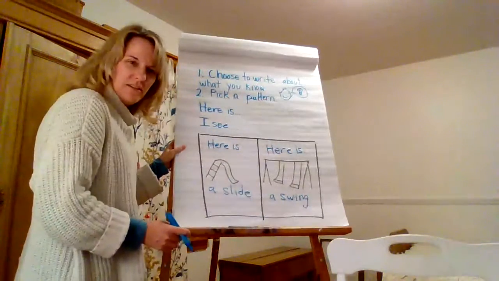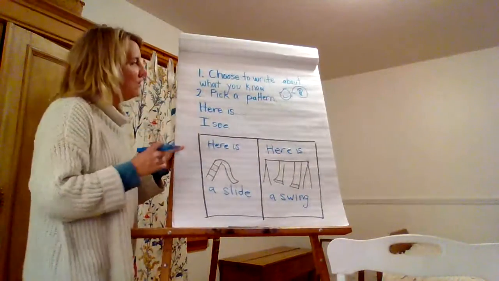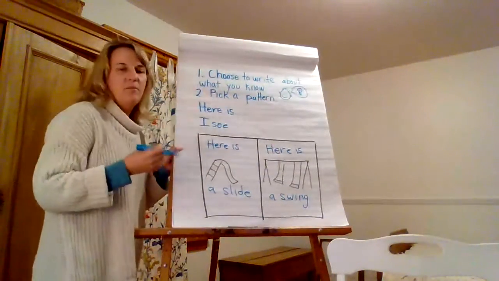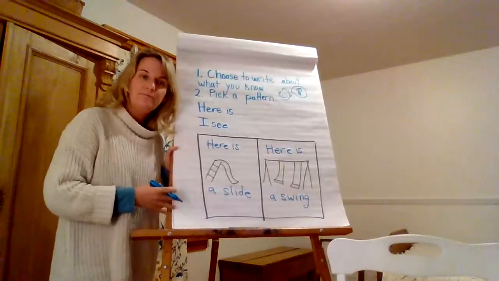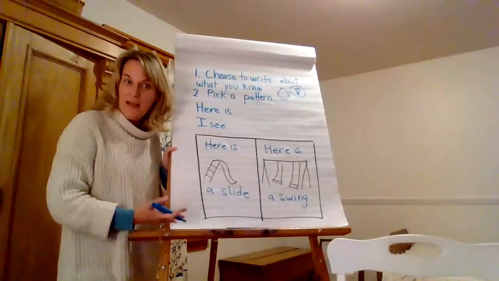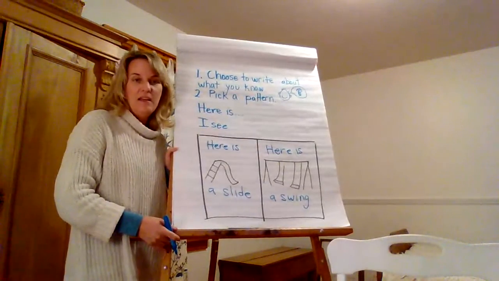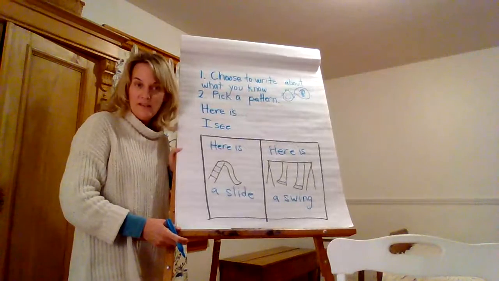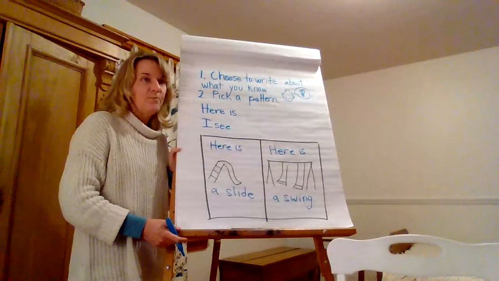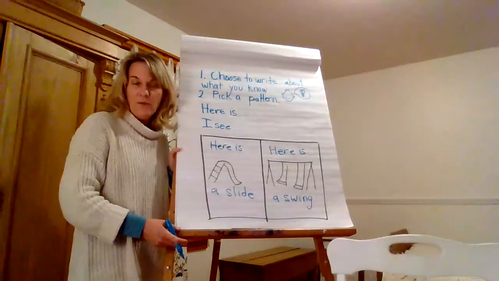All right, boys and girls. So the first thing you're going to do is think about something that you know about that you might like to write about. So it could be a pet. It could be something your family likes to do, a place you like to go, something around your room or around your home.